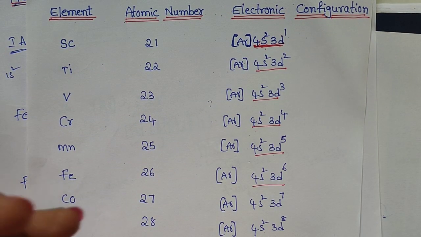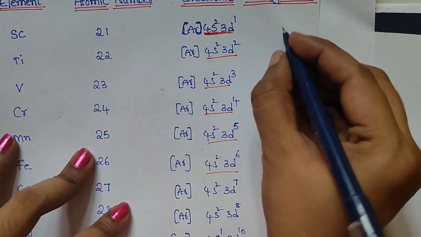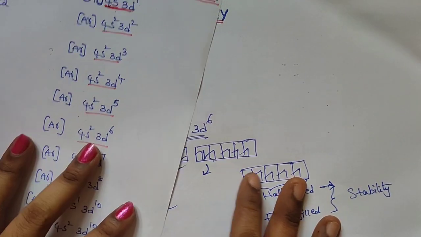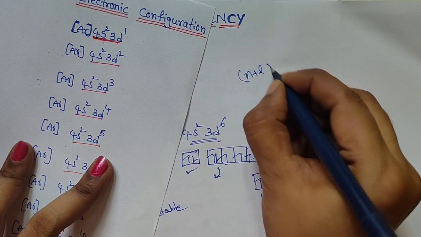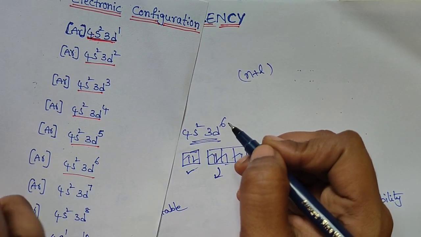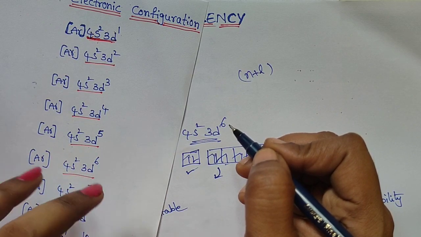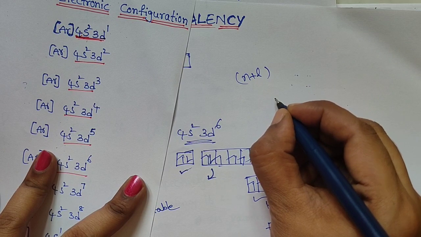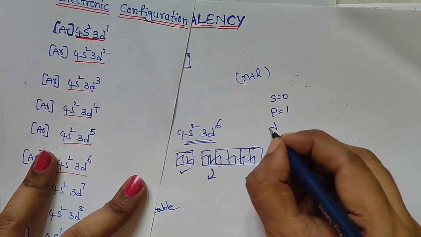Here one more rule is there. According to the N plus L rule, if you don't know, no problem, you can leave that. N plus L rule: according to the energy levels, the orbital having the lowest energy is the one the electrons enter into. See, the L value for the s orbital is 0, the p orbital is 1 and the d orbital is 2.